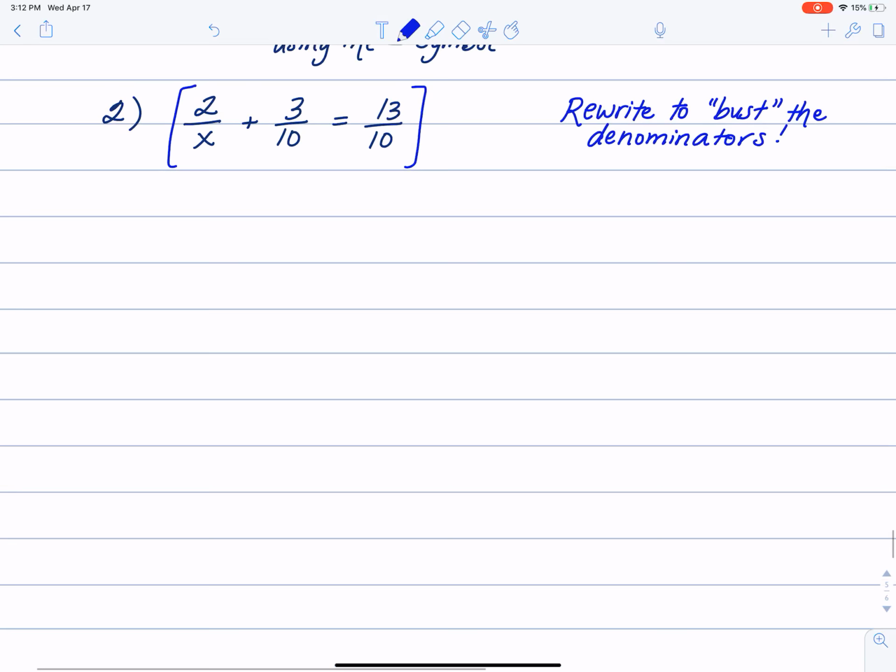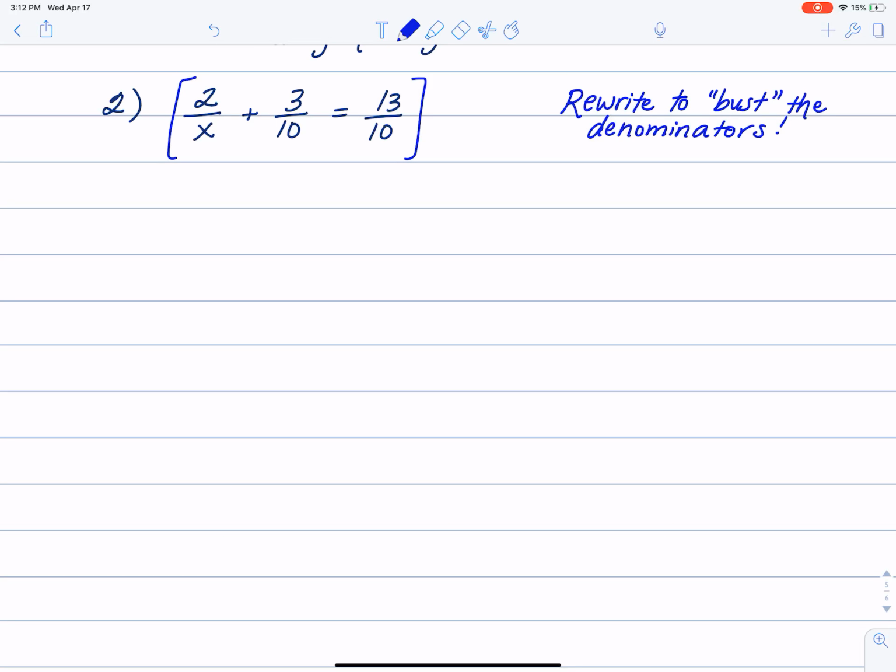So we're going to ask ourselves, okay, what is the common denominator between 10 and x? Obviously, it's going to be 10 and x times x. So then we're going to do that. So we take that 10x and we multiply it times 2. Maybe I'll even show all the work that I would really do for this problem.